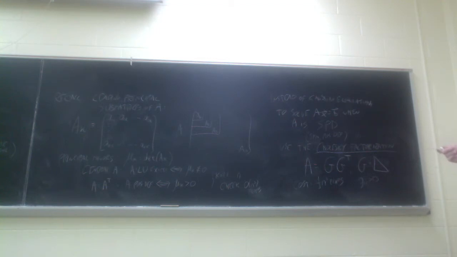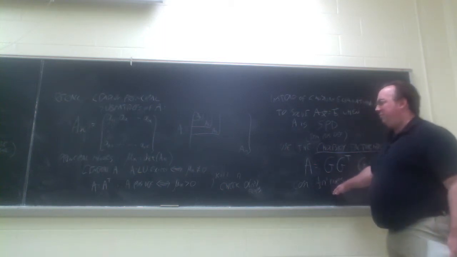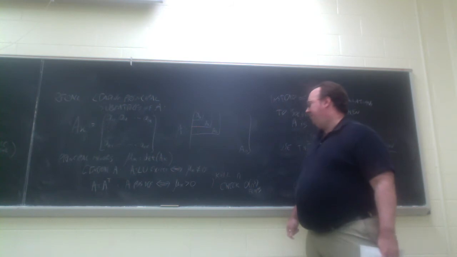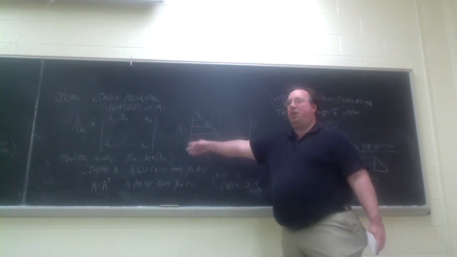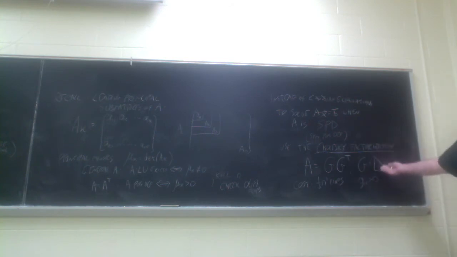And if you end up either computing a square root of a negative number or dividing by 0, then it fails. And in that case, you know the matrix is not symmetric positive definite. Because doing this is actually cheaper than trying to compute all those determinants. So you might as well just do that, because if it works, then you have the factorization and you can solve a system.